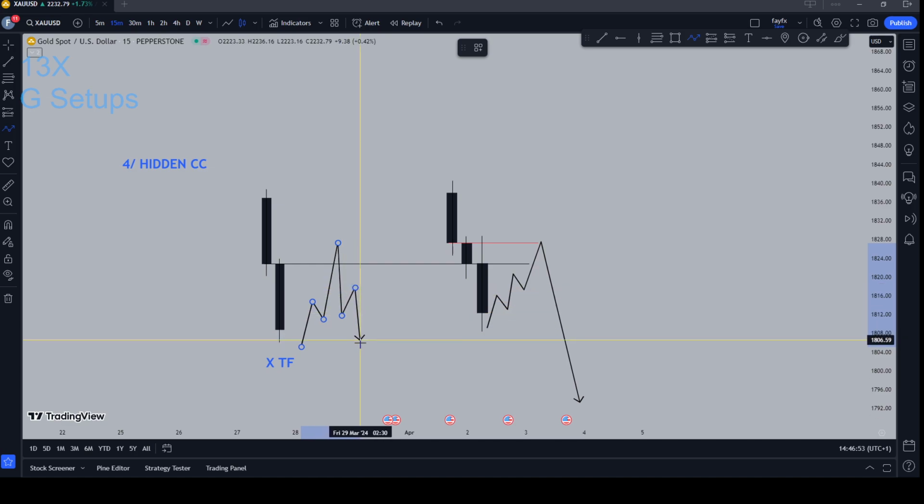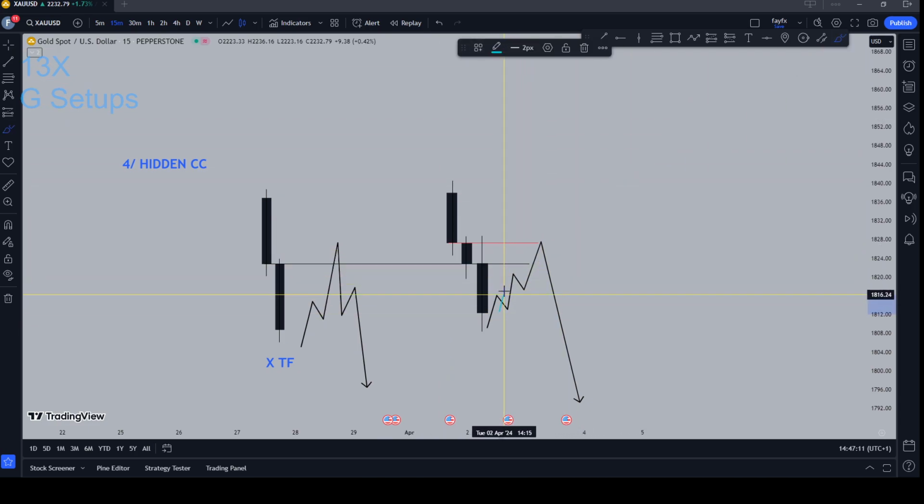But in reality, price came up, ignored that gap level to reach this gap CC to continue the move down. That's what we call hidden CC. Price here will come up, ignore the main gap level, to reach the CC that was formed before and continue the move down.